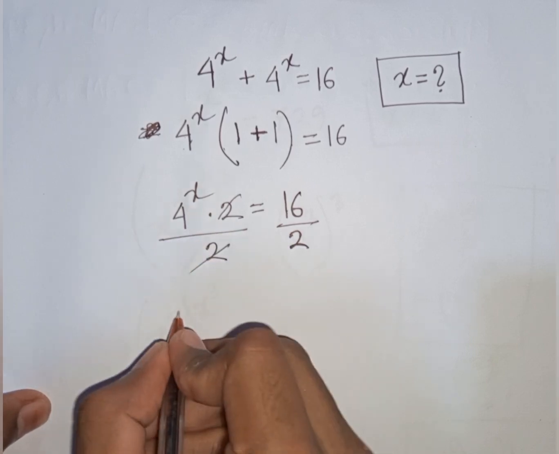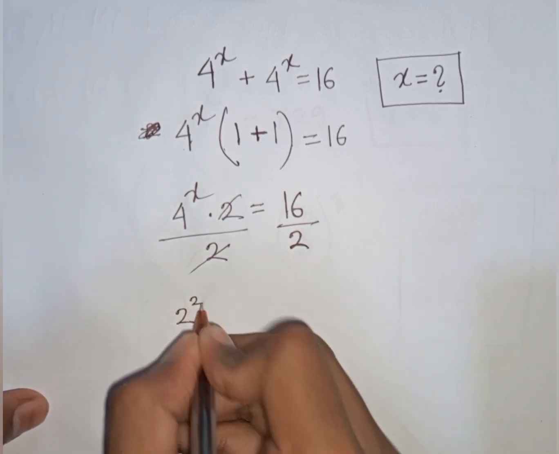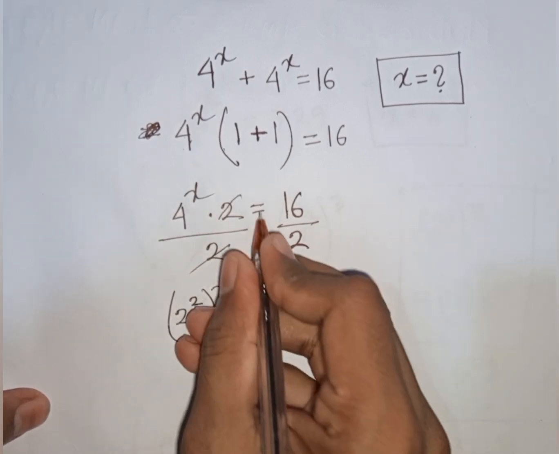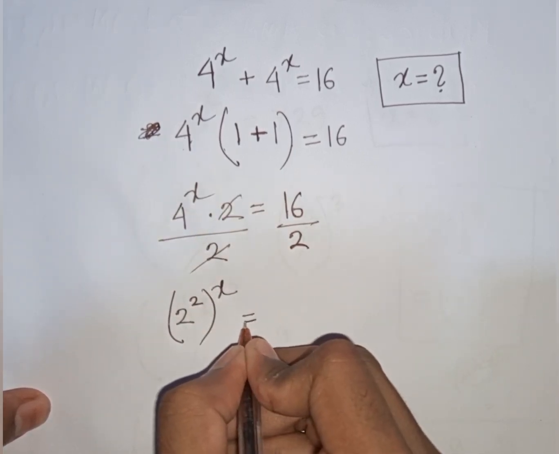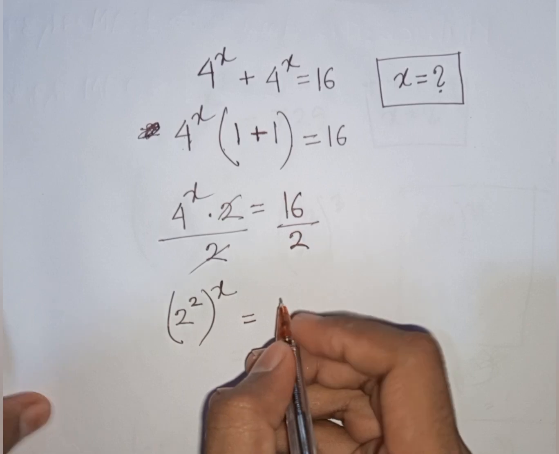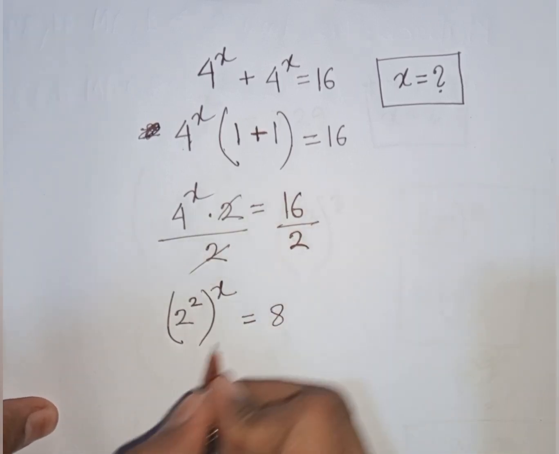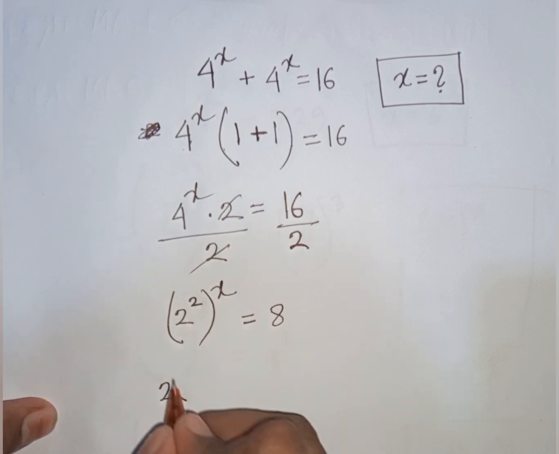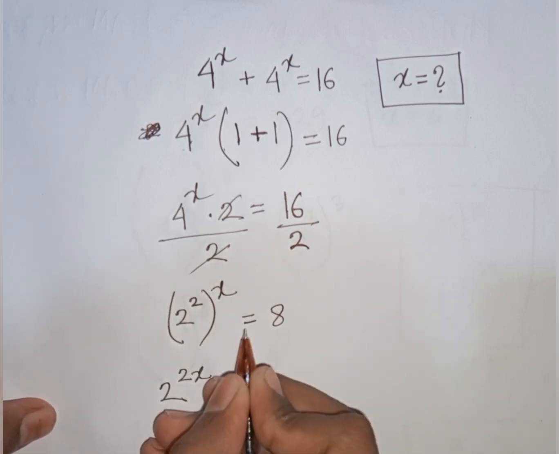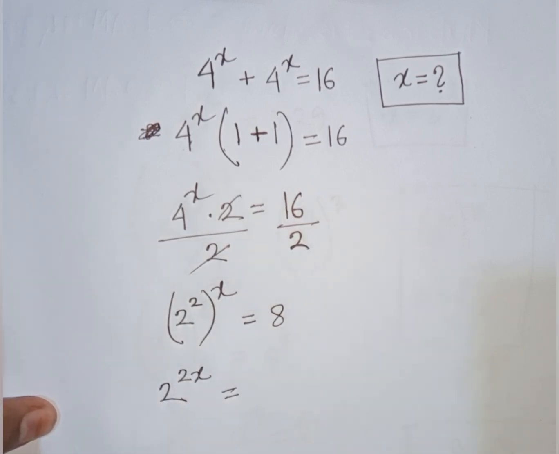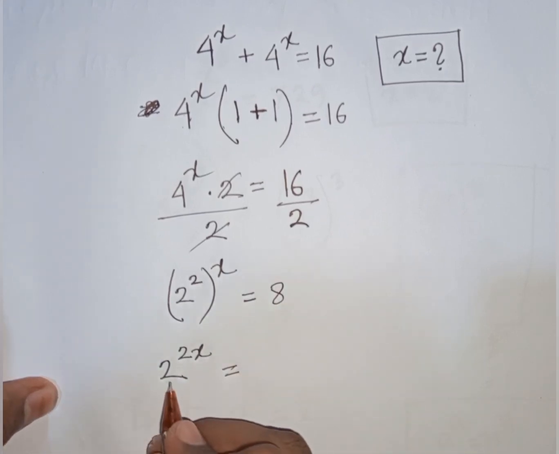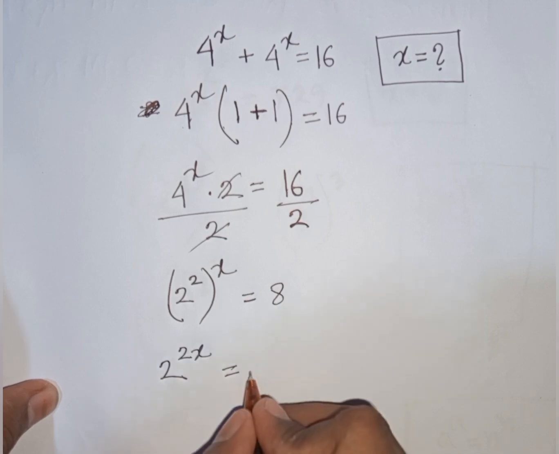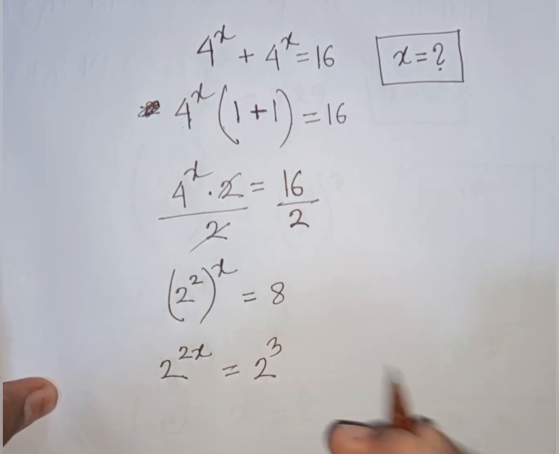Now 4 power x is same as 2 power 2, then bracket power of x is equal to 16 divided by 2, that means it will be 8. Now 2 power of 2 times x, that means it will be 2x, is equal to, we see here base is 2, but here 8. So 8 can be written as 2 power 3.